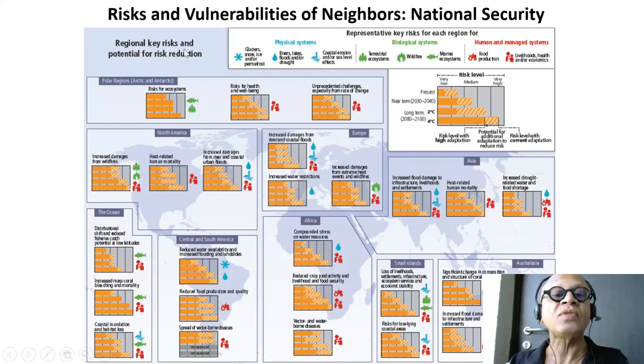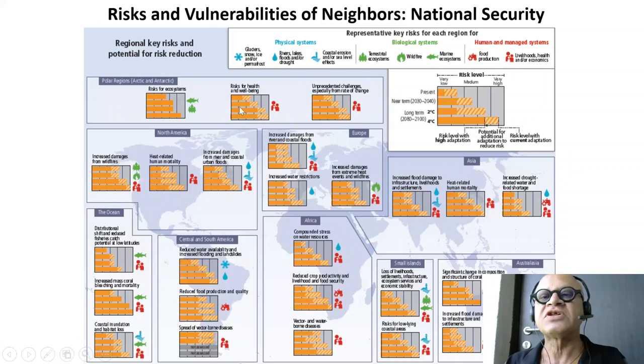Okay. So what IPCC does again is looks at physical systems, biological systems, and human managed systems, and looks at risks, and it also provides the estimate of how much the risk could be reduced by adaptation and mitigation.